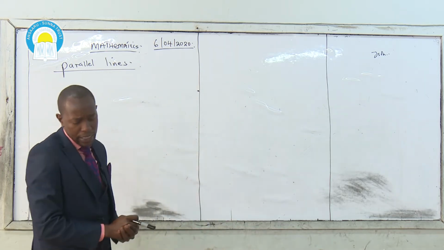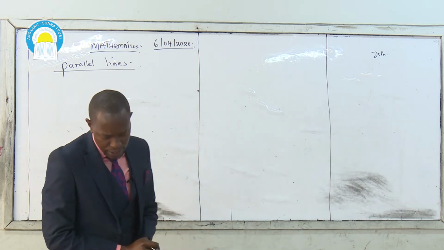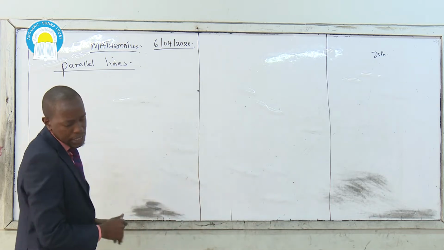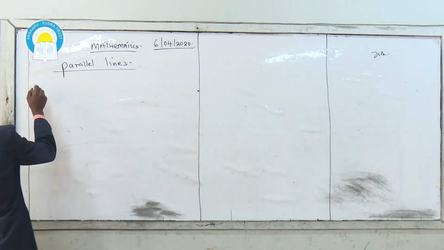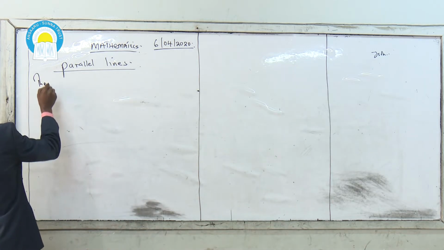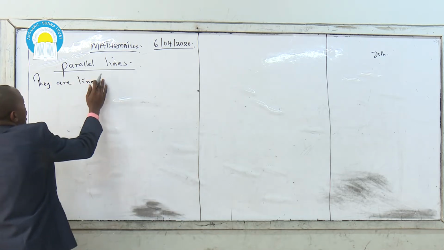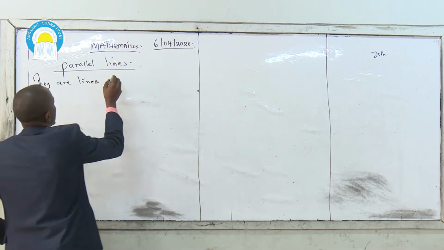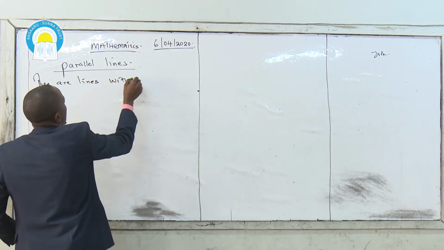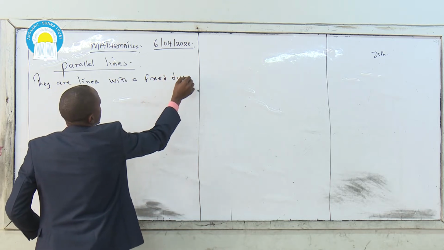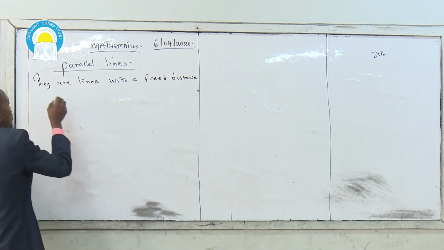Parallel lines are lines which have a fixed distance apart.